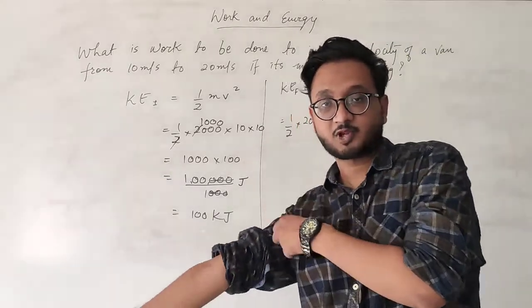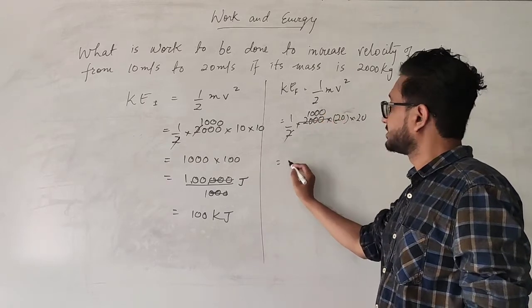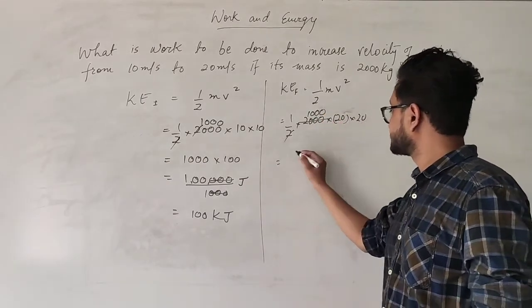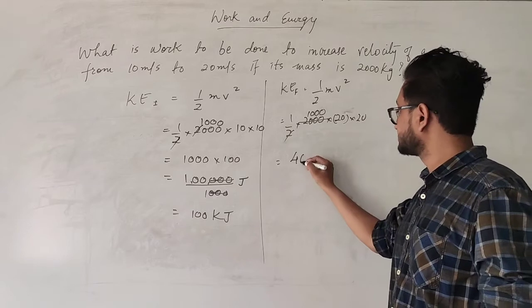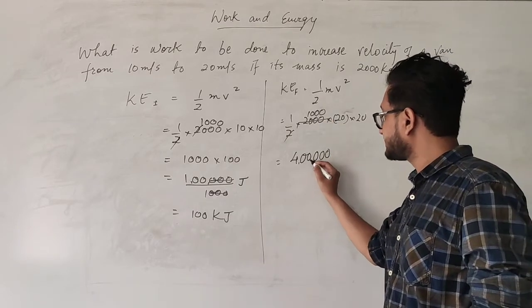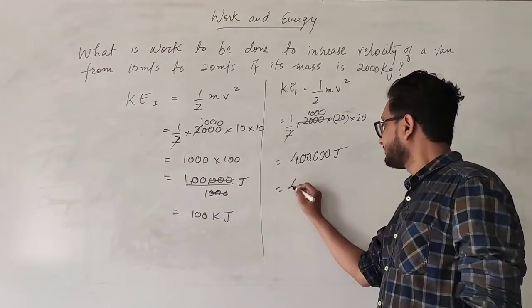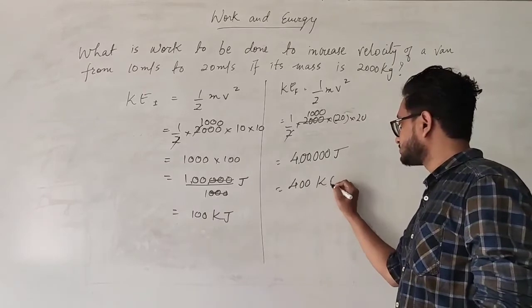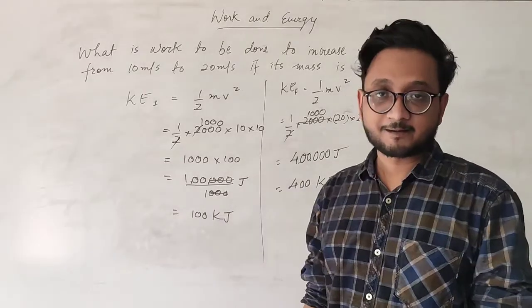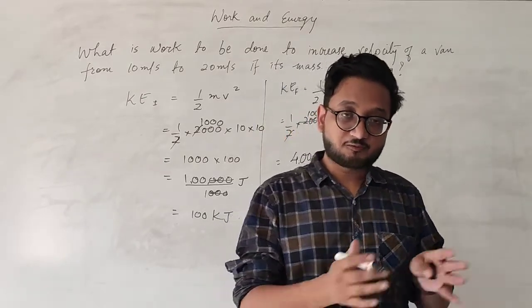Over here, 1000. So now I have 2 into 2 is 4, and 2 zeros and 3 zeros, so the energy is 4 lakh joules, or I can write 400 kilojoules. So energy changed from 100 kilojoules to 400 kilojoules.